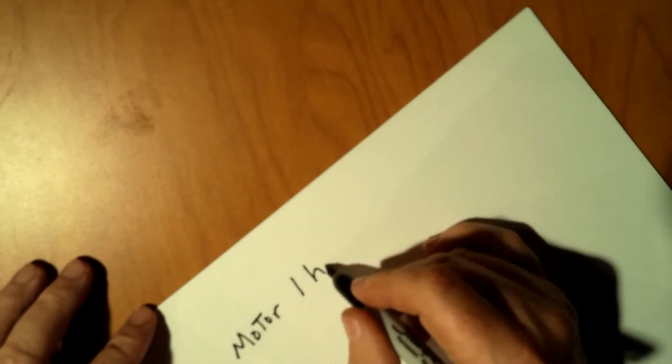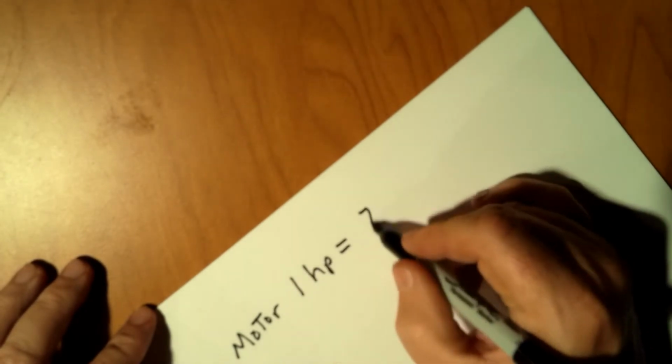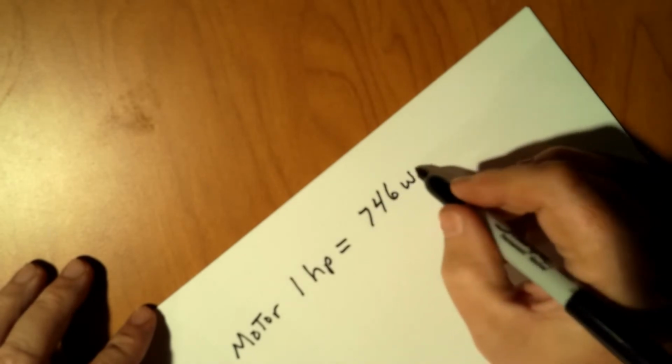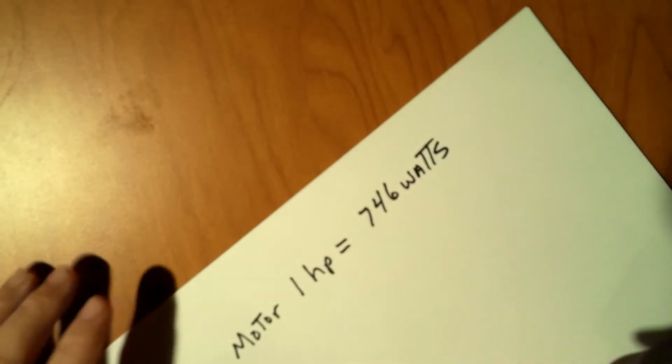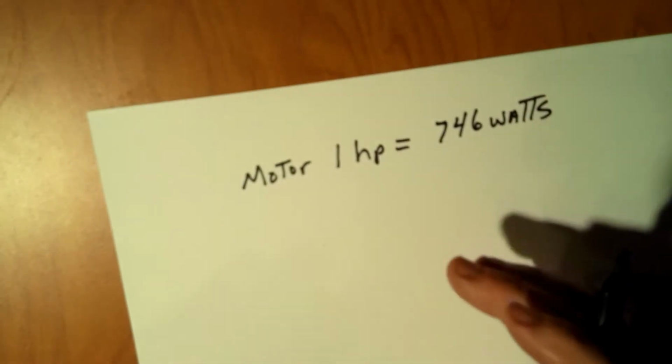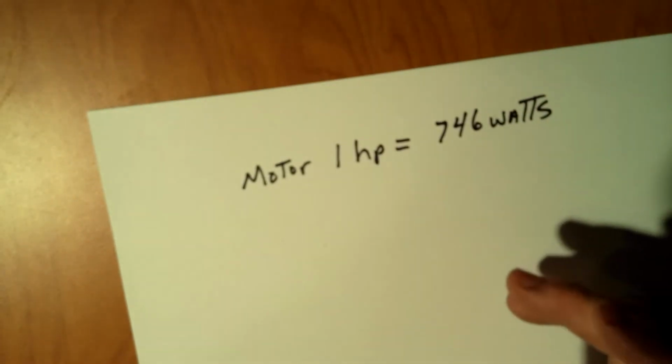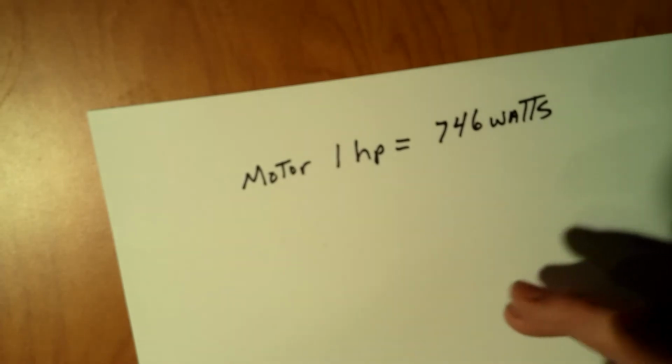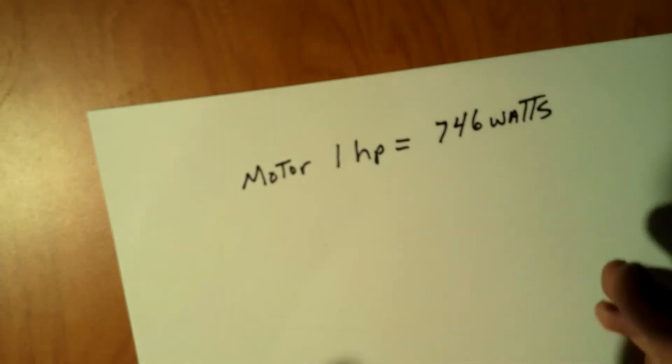Now, let's talk about a motor. Let's say you've got a motor and it is 1 horsepower. 1 horsepower is 746 watts. I've had people tell me before, "Oh no, that fella used the saw and it made my electric go up so much."